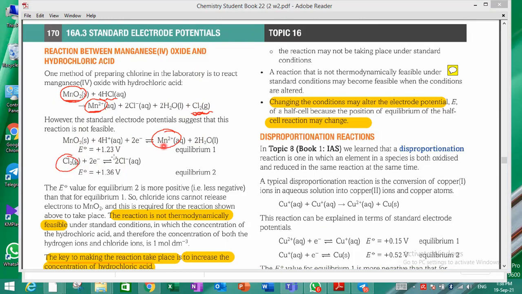But if we arrange the two half equations this way, we will find that Mn plus 2 is the one to react with chlorine gas, not MnO2 reacting with chloride ions to form chlorine gas. Understand what I mean? No, miss, I don't. You don't get it? No.